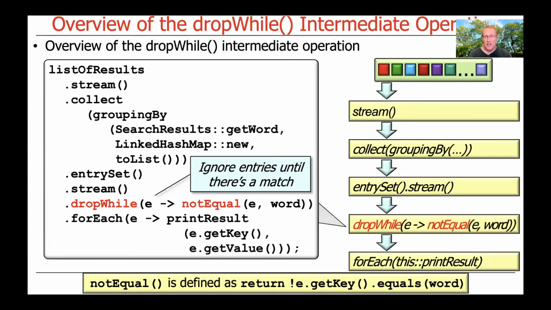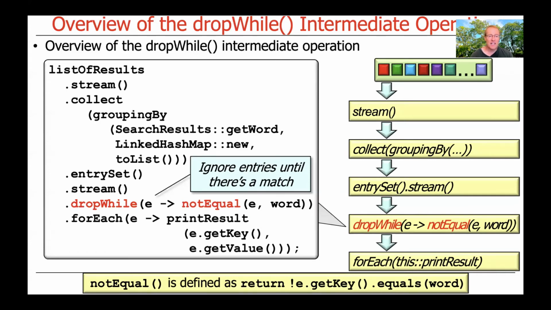We're going to skip over everything up to the point where we have a particular word like la, which is like 6th or 7th in the do, re, mi sequence. And at that point, we're going to print from la to the end. And so we skip over everything that isn't la, so we drop the stuff that doesn't match la.